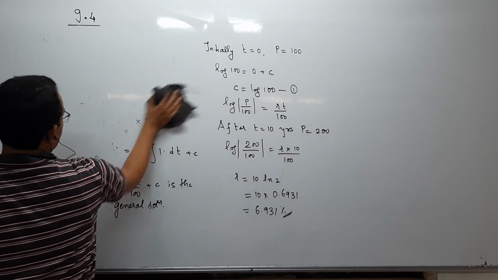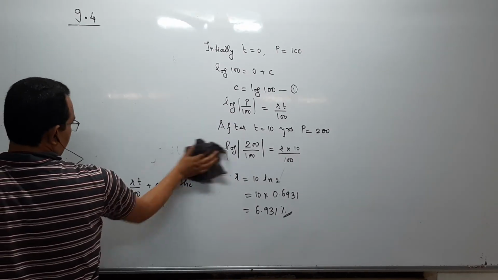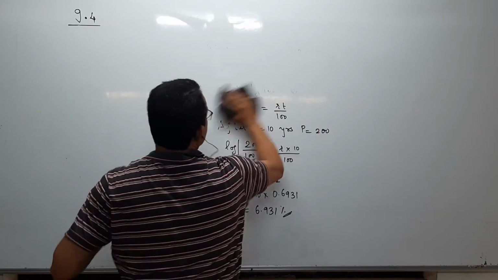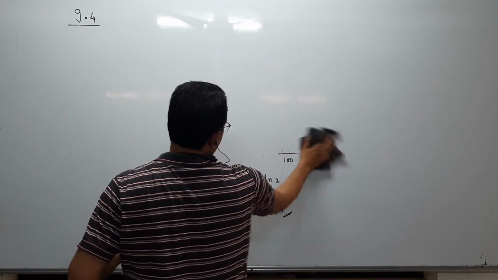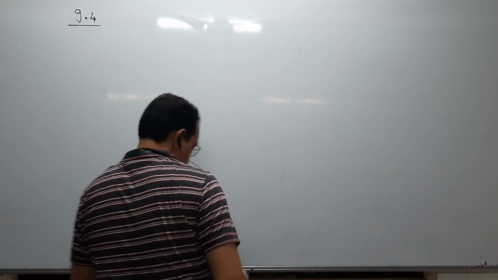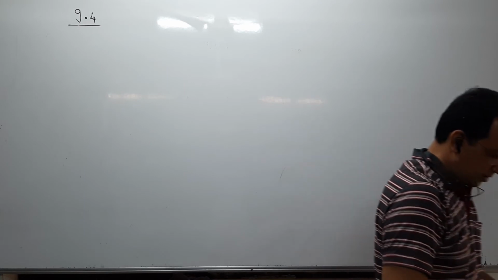So the rate of interest, students, would be approximately 6.931%. Or even I can write 6.93%. Let us check what is the answer given at the back. But to be very precise, students, we can write 6.93. Okay, they have written at the back 6.93% only.